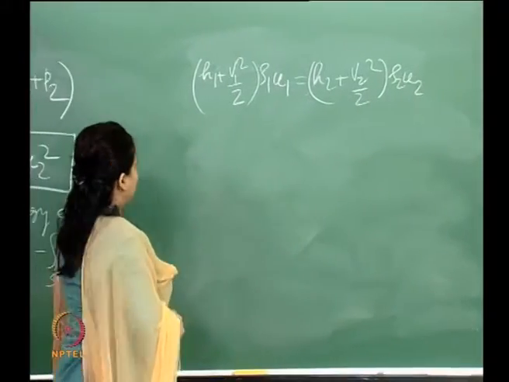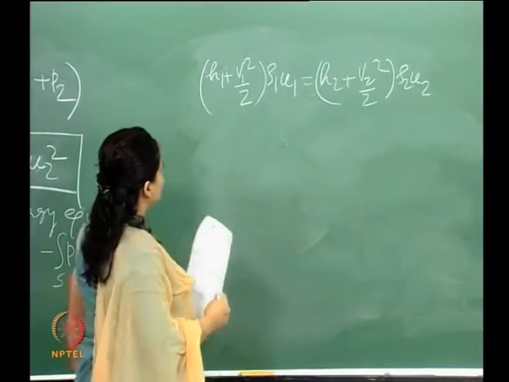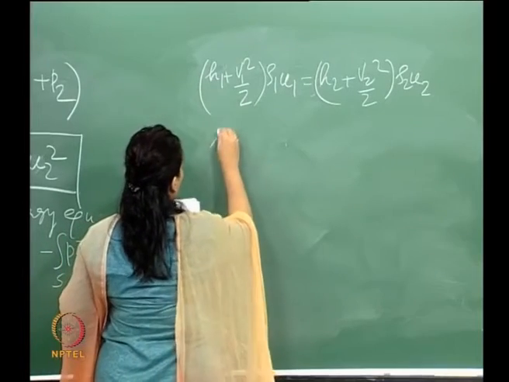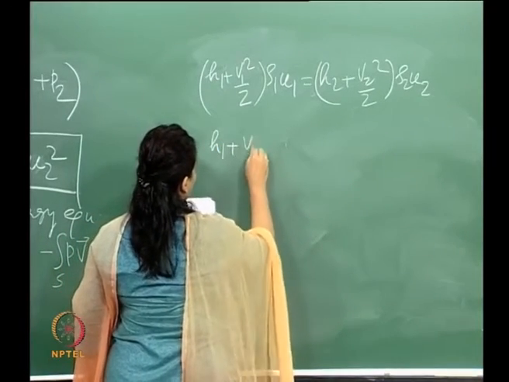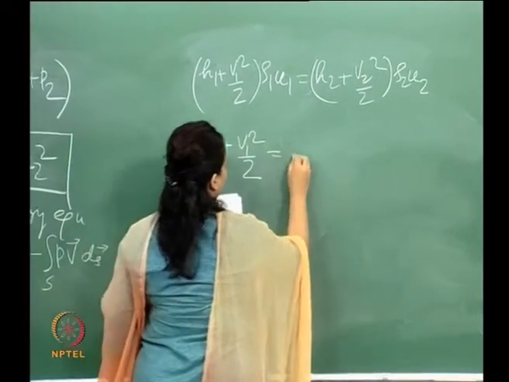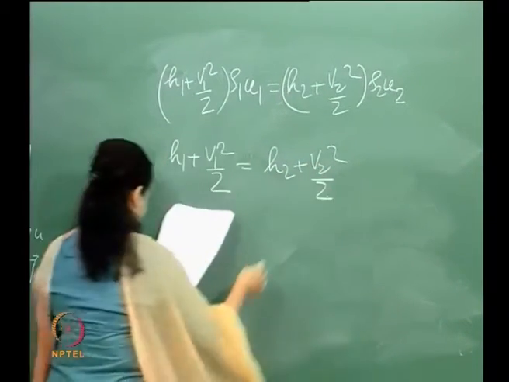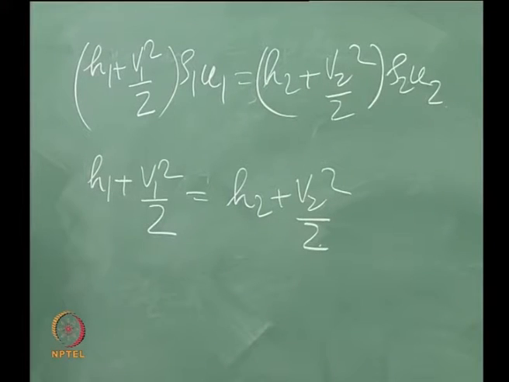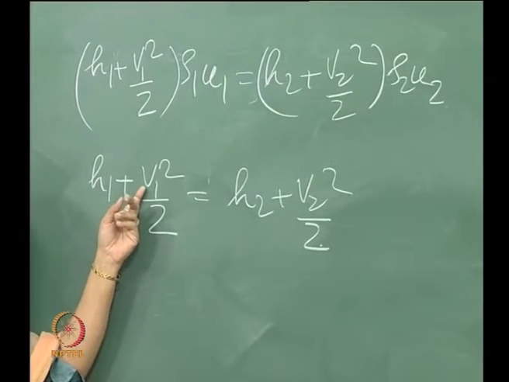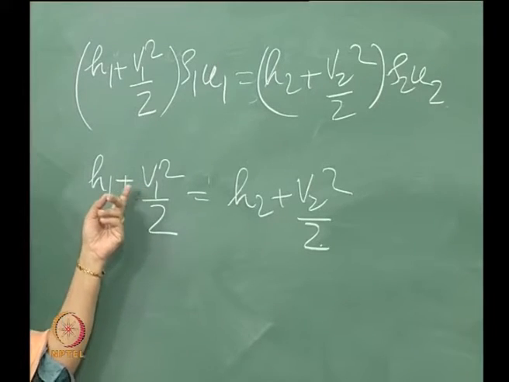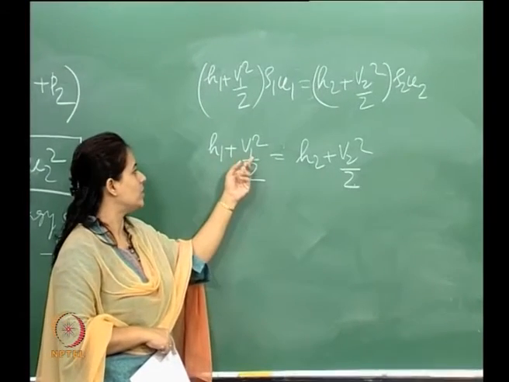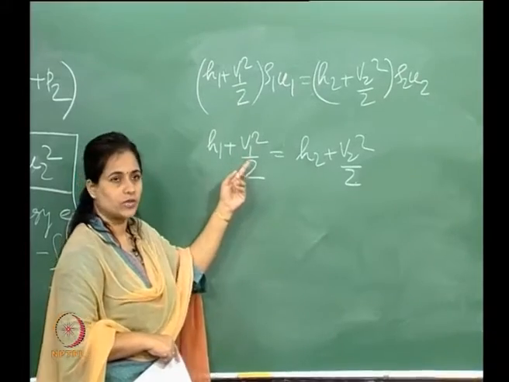But rho 1 U1 is equal to rho 2 U2. Therefore, what we get is this. Here of course, what you can see is that we are actually using the total velocities, because we are not using any component, we are using the total velocity before and after the shock.